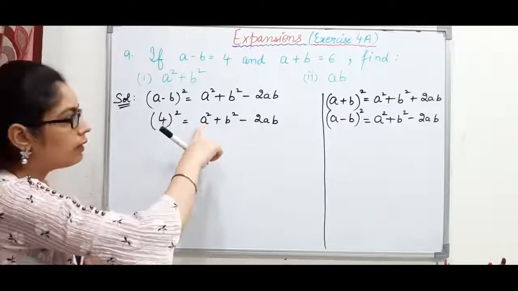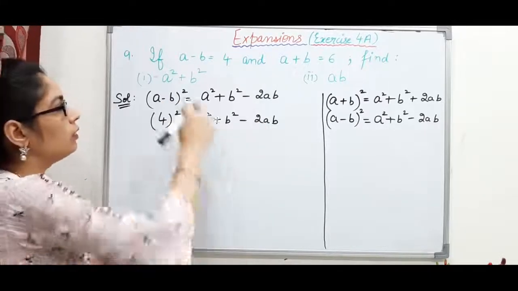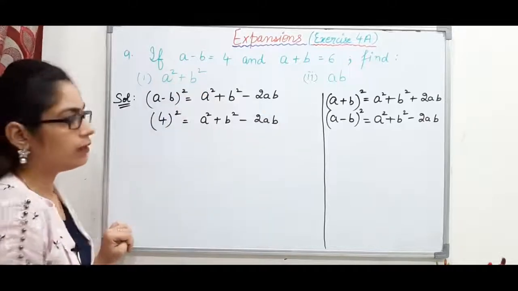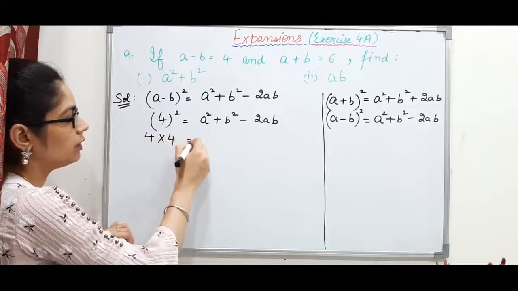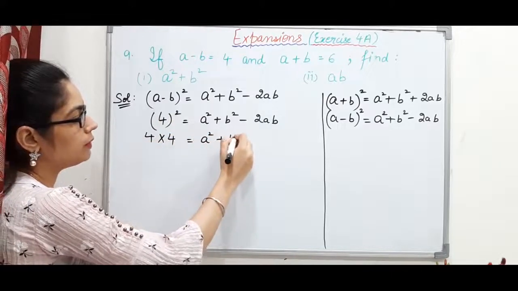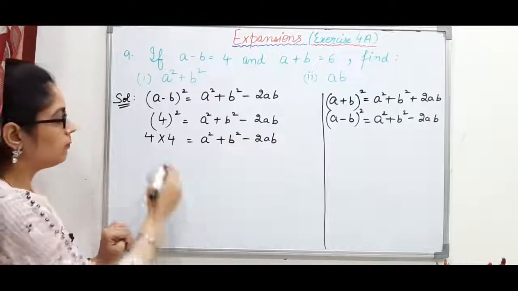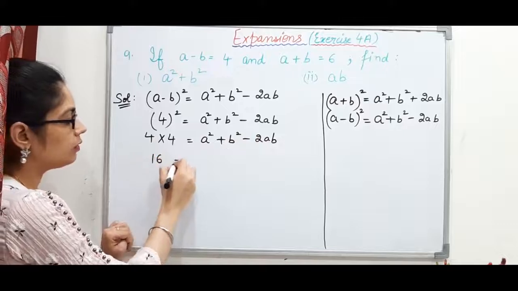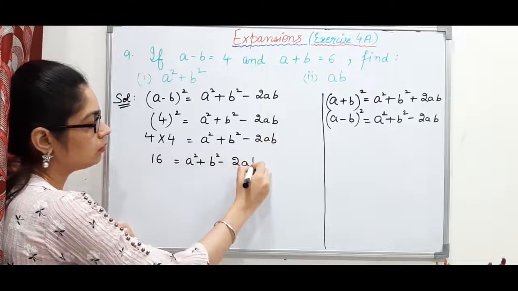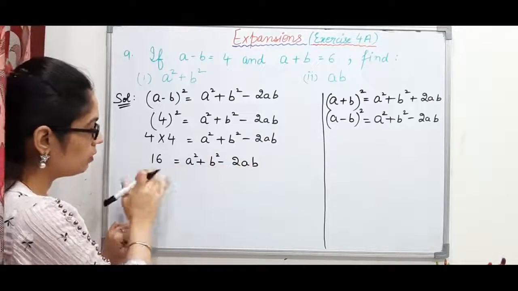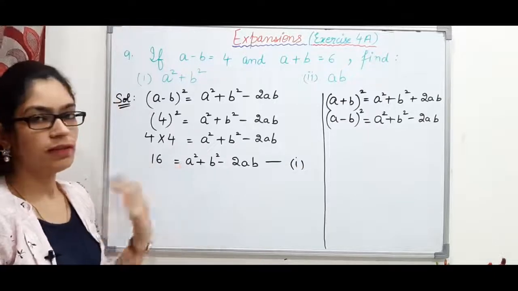We don't have the value of a square plus b square and we don't have the value of ab, because we have to find both. So 4 square is 4 into 4, equal to a square plus b square minus 2ab. As it is we will write, because we don't know the values. 4 into 4 is 16, equal to a square plus b square minus 2 into a into b. So let's name this as our first equation.